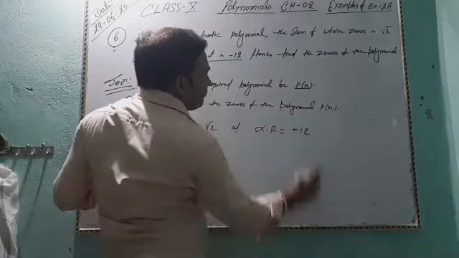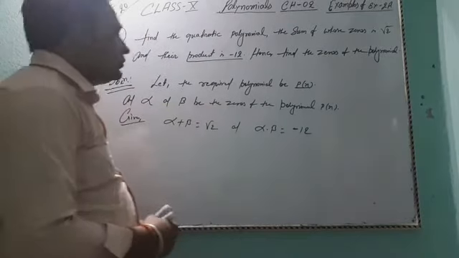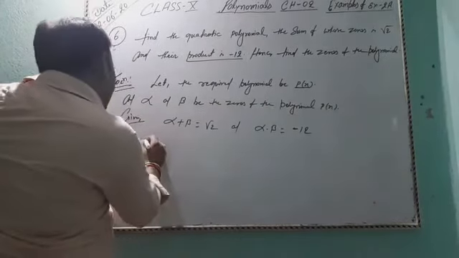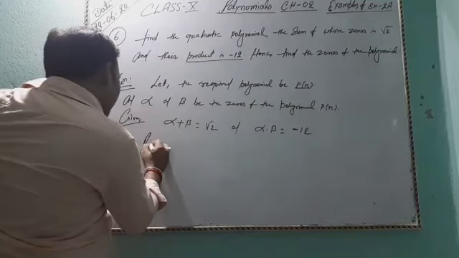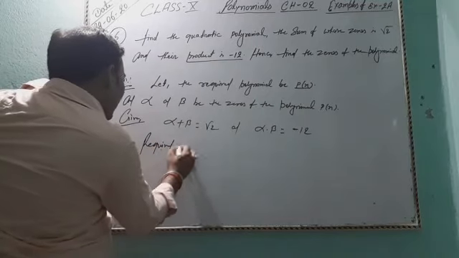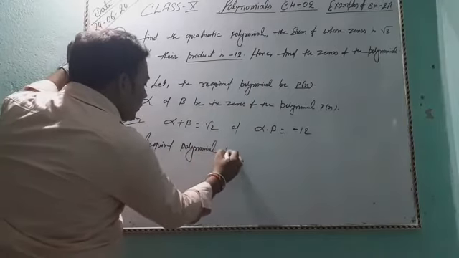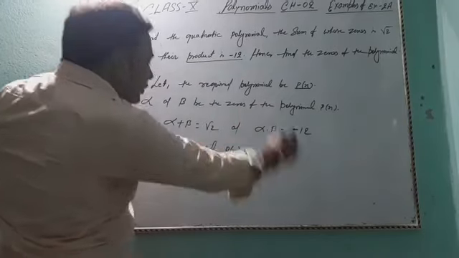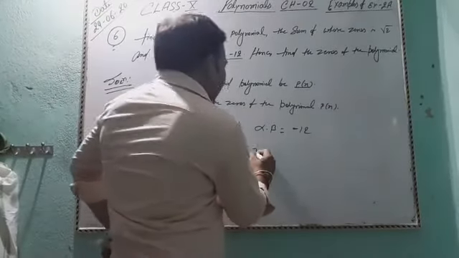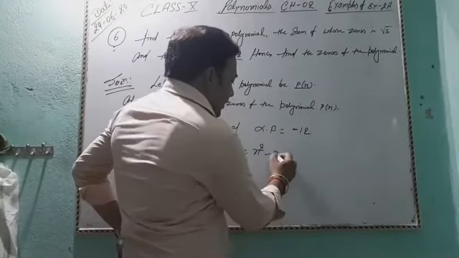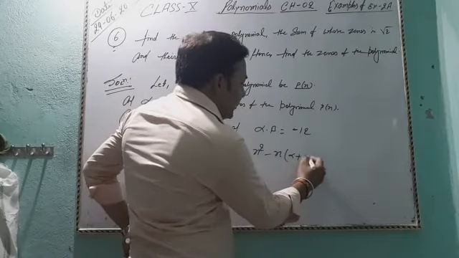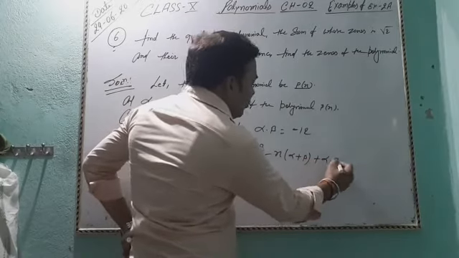Okay, so students, the required polynomial Px equal to x square minus x into (alpha plus beta) plus alpha into beta.